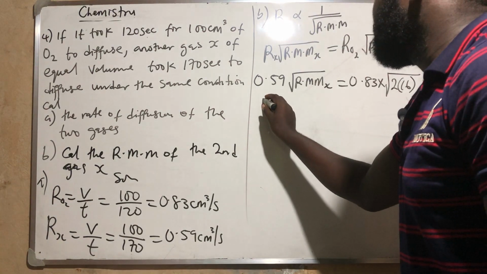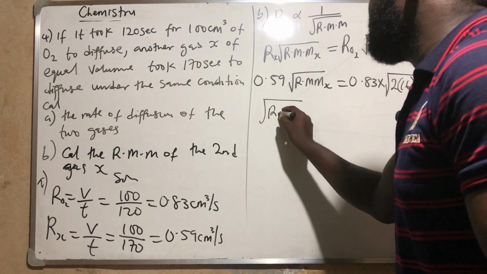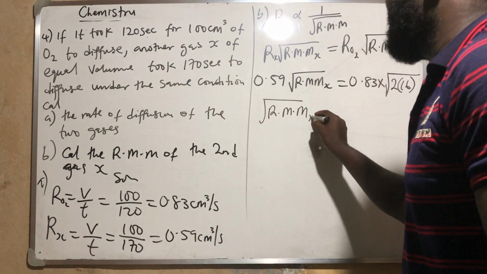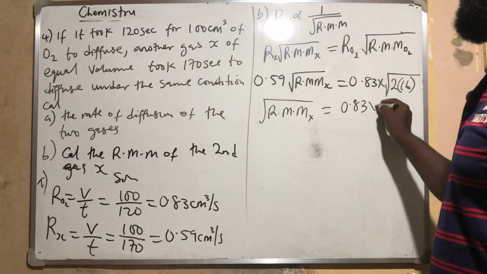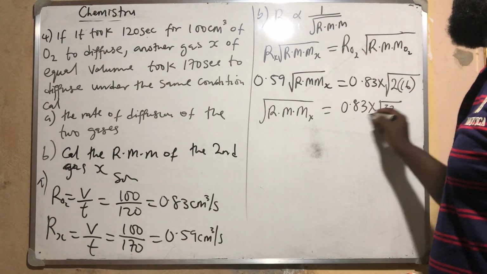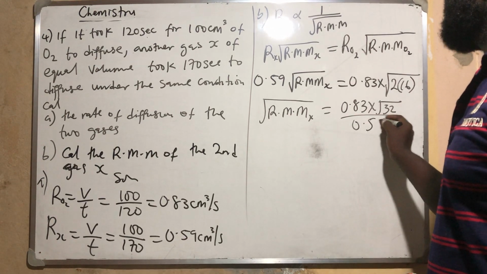So I have that the square root of the relative molecular mass of gas X is equal to 0.83 times the square root of 32, divided by 0.59.